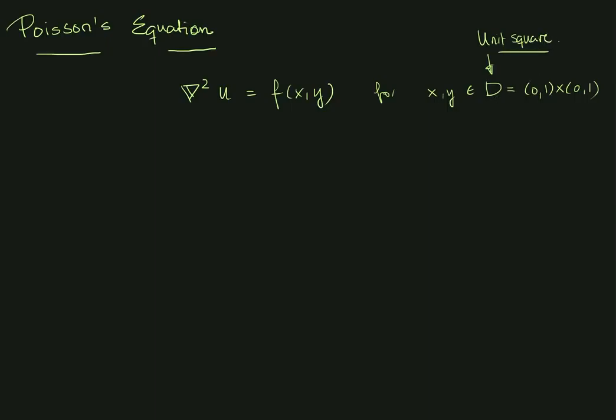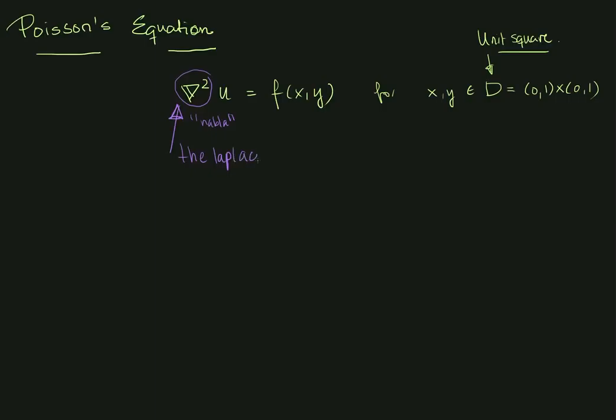So the first thing we probably want to talk about when we see this is, what is the weird upside down triangle? Well, the symbol is called nabla, but the operator in itself, nabla squared, is what we call the Laplacian.